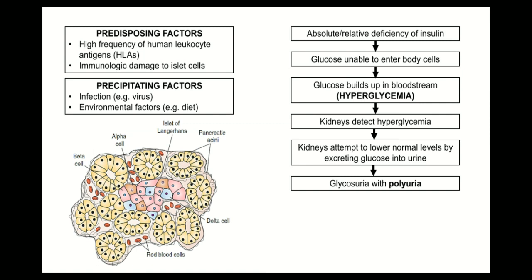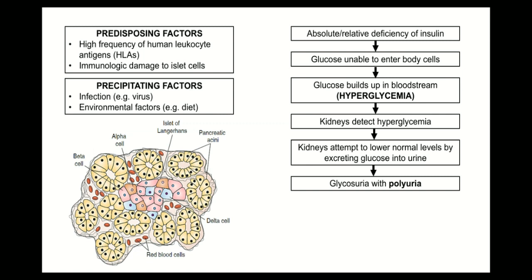Because there is increased accumulation of glucose in the bloodstream, the kidney's ability to reabsorb glucose and return it to the bloodstream is impaired. The accumulation of blood glucose is severe. The concentration of glucose will result in polyuria, or excessive urine production.